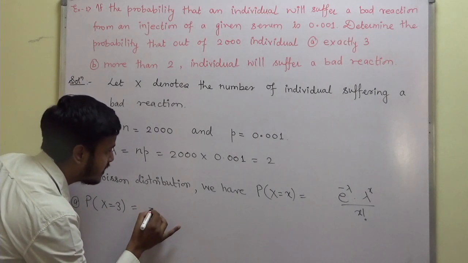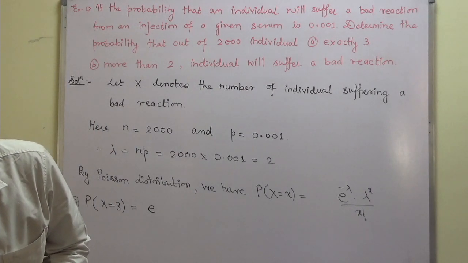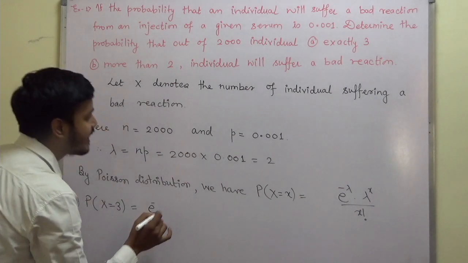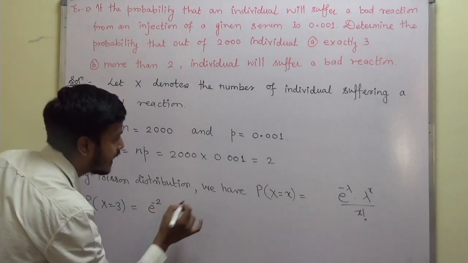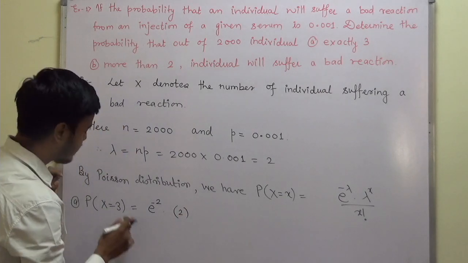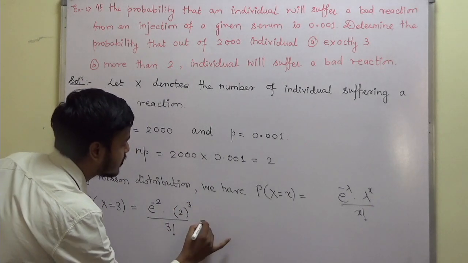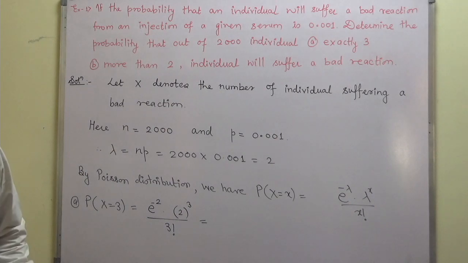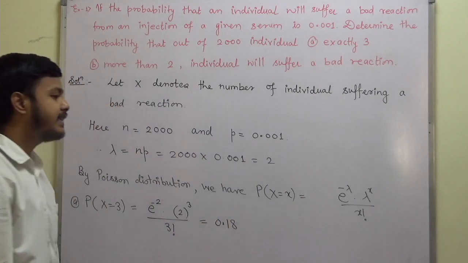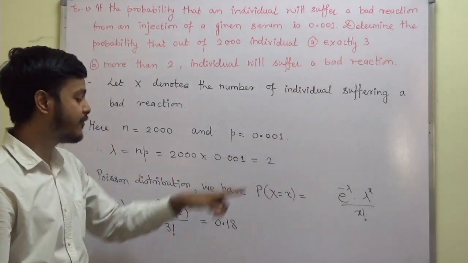So this is e to the power minus lambda, what is lambda? 2, into lambda to the power x, what is lambda? 2. What is x? x is 3, by factorial x, that is 3 factorial. So when you calculate this, you'll be getting the value of this to be 0.18. So this is the probability that out of these 2000 individuals, exactly 3 individuals will suffer from a bad reaction.